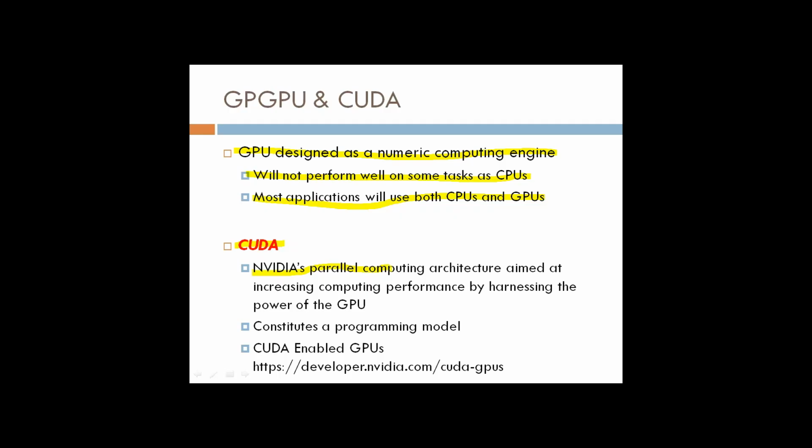This is NVIDIA's parallel computing architecture aimed at increasing computing performance by harnessing the power of the GPU. It constitutes the programming model, which is based upon C, C++. On the NVIDIA website there are hundreds of GPU cards available.